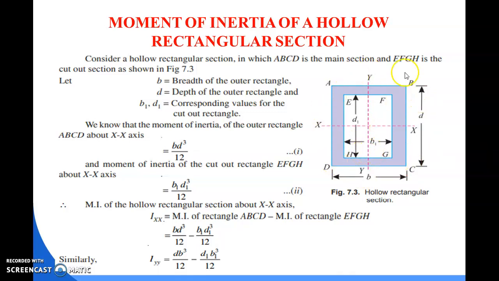You can see in this figure, this is your B, this is the D, this one is the B1 value and this much is the D1 value.